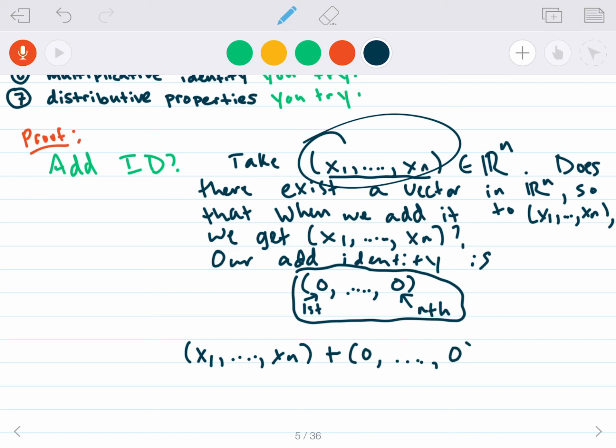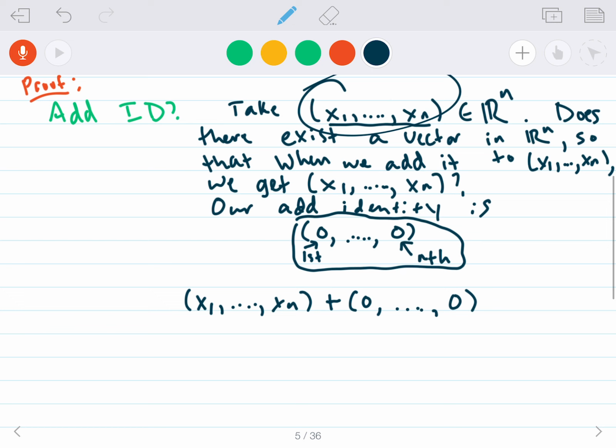And if it helps you when you're trying to get your feet wet with proofs, try to maybe do this in 2 dimensions. So n is equal to 2. That means we have 2 zeros. In 3 dimensions, n is equal to 3. That means we have 3 zeros.